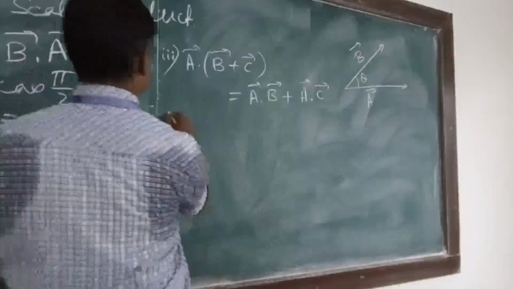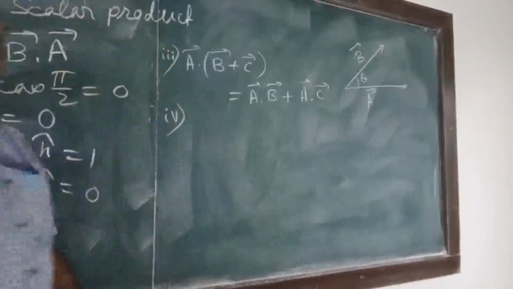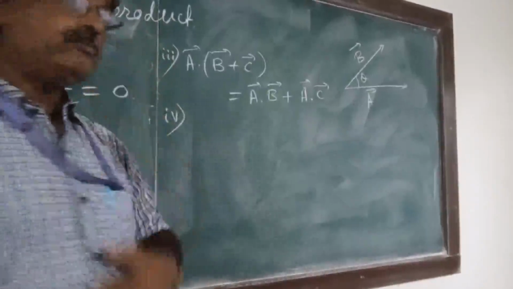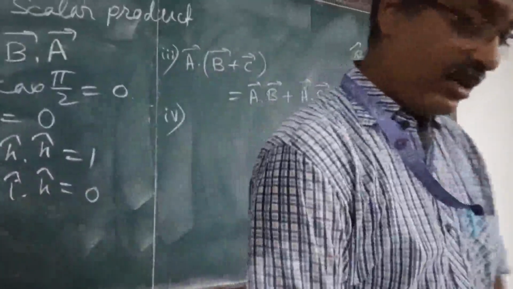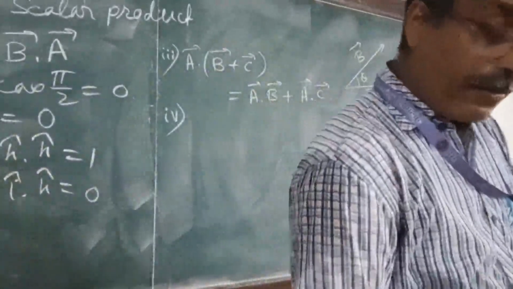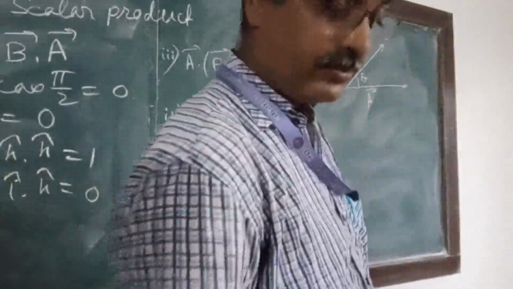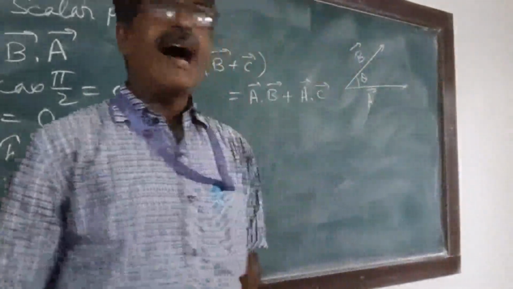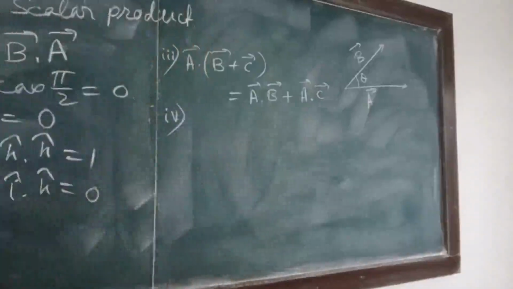Number 4: scalar multiplication is associative.